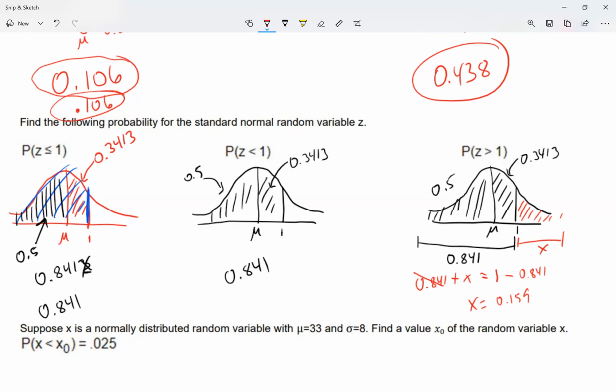Now there is one thing that might give me a problem. Let me come up with an extra question here. What's the probability that z is equal to 1? Okay, so I was working with inequalities.